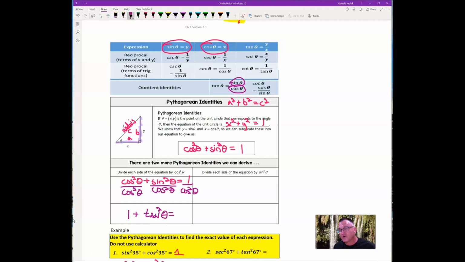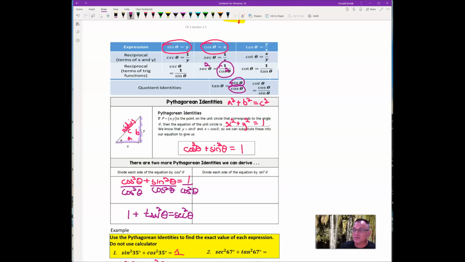Okay, 1 over cosine squared. Let's see, there it is. There's 1 over cosine. So if that's squared, then that's squared. So this would equal secant squared. And that's your second Pythagorean identity.